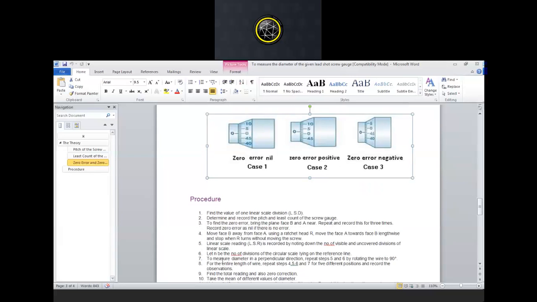Number 6. Let n be the number of divisions of circular scale lying on the reference line.